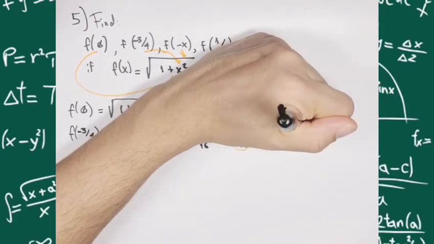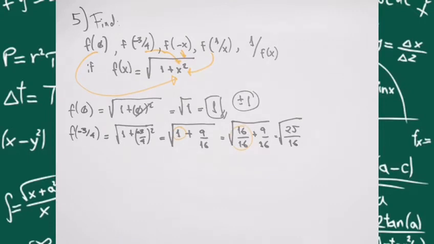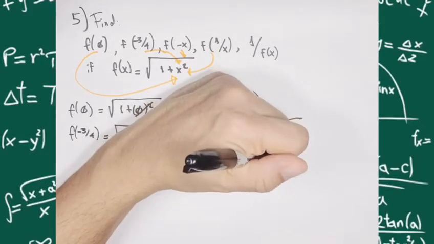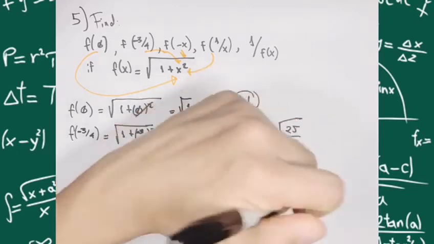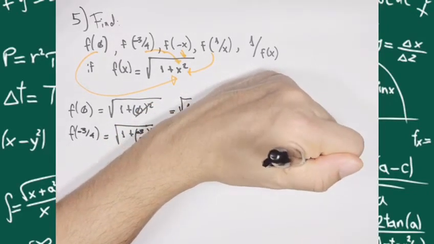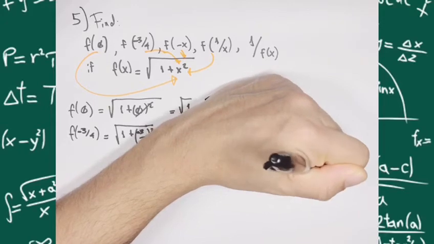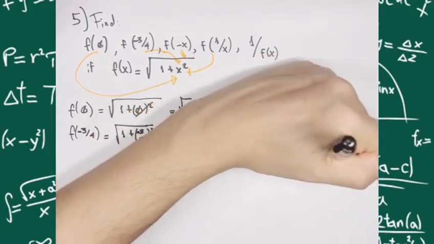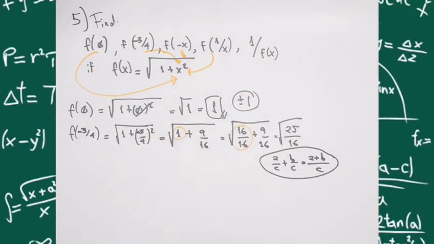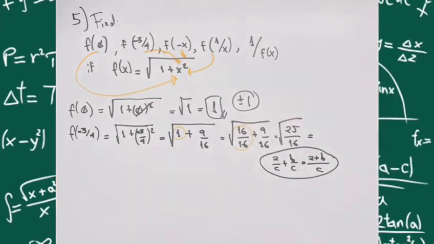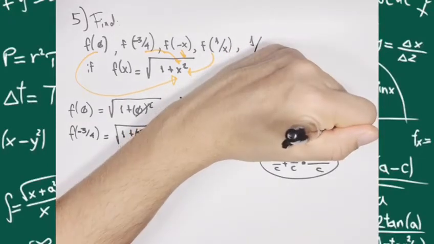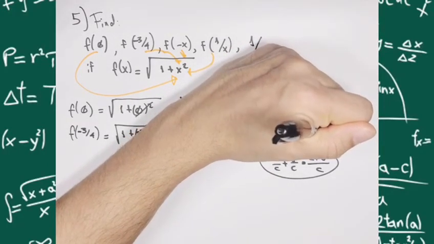Same denominator at the bottom, so we add the numerators: 16 plus 9 is 25/16. Why? Because if you correctly recall properties of fractions, a over c plus b over c is the same thing as a plus b over c. That is a property of addition of fractions with the same denominator. So that's what we applied right here. We rearranged 1, expressed it as 16/16, and added the numerators since we have the common denominator.